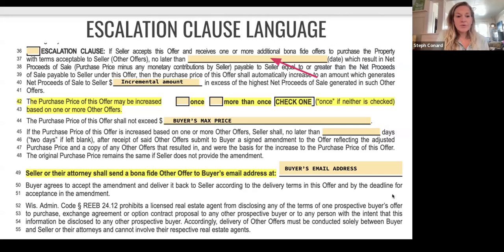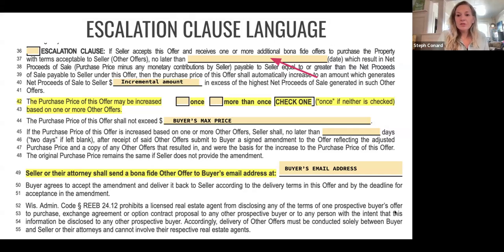Which results in a net proceeds of sale, purchase price minus any monetary contributions by the seller, payable to seller equal to or greater than the net proceeds of sale payable to the seller under this offer, then the purchase price of this offer shall automatically increase to an amount which generates net proceeds of sale to seller, and you're going to put in that incremental amount there, in excess of the highest net proceeds of sale generated in such other offers.